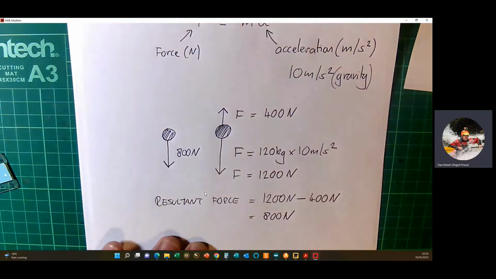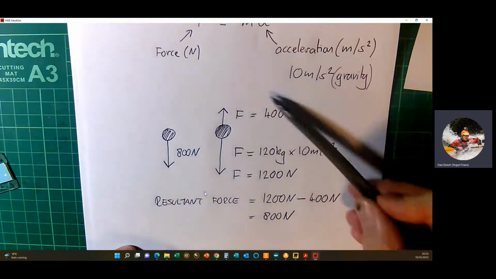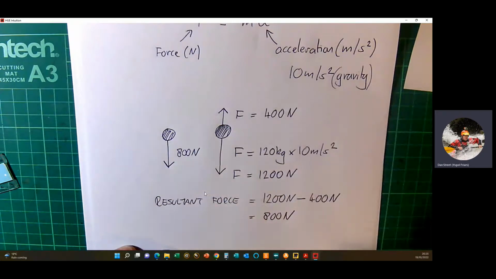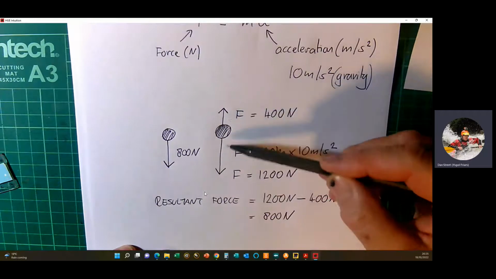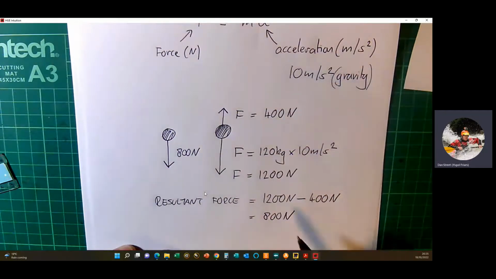Okay, so effectively I'm being dragged to the Earth by a force of 800 newtons due to the combination of my mass and the acceleration due to gravity. Okay, so this idea of resultant forces is quite important, but given that it only ever involves two forces, and it's simply a subtraction sum, then that should be reasonably straightforward.